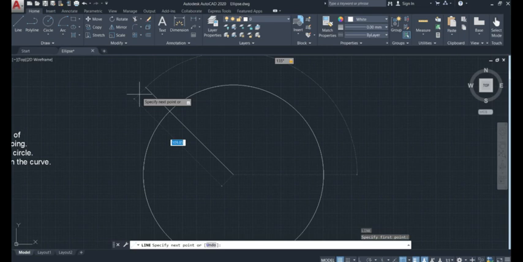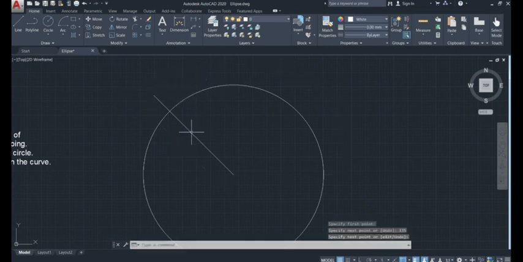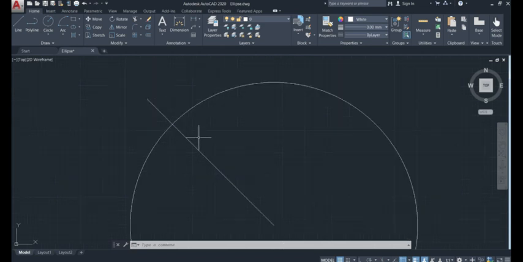Here the generating circle radius is 40 by 2, 20 mm, and the directing circle radius is 160 by 2, 80 mm. So the summation is 80 plus 20, 100 mm. So we have this line equal to 100 mm at any angle. Now we can draw the generating circle of radius 20 mm with the center at this point.